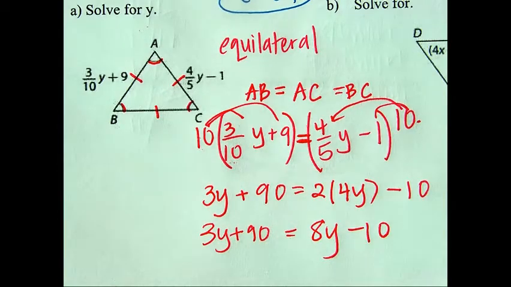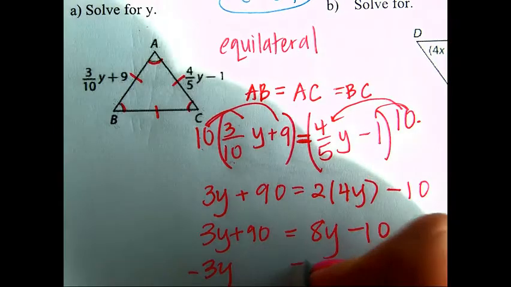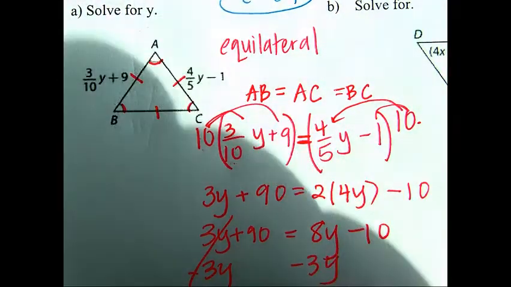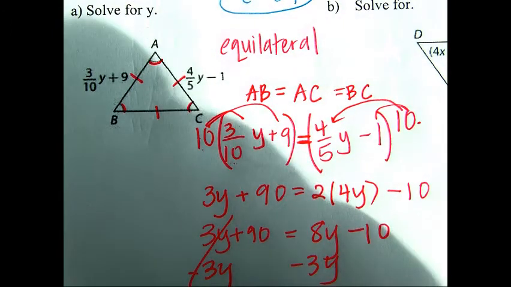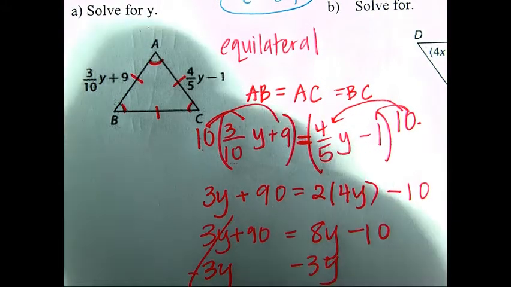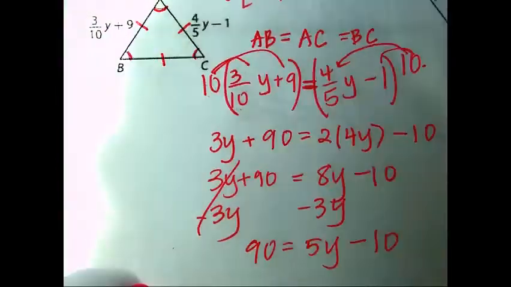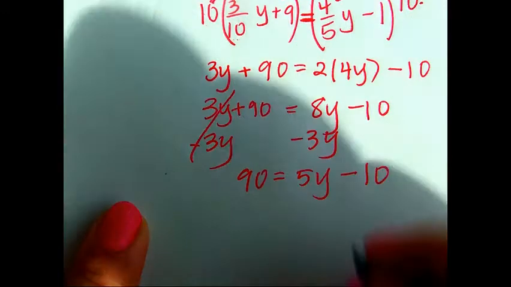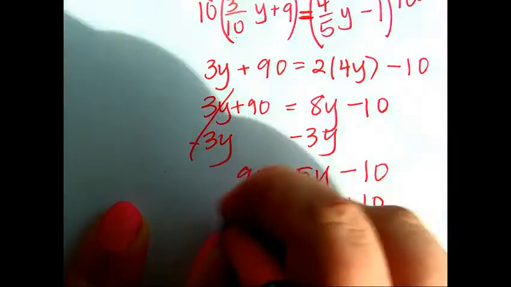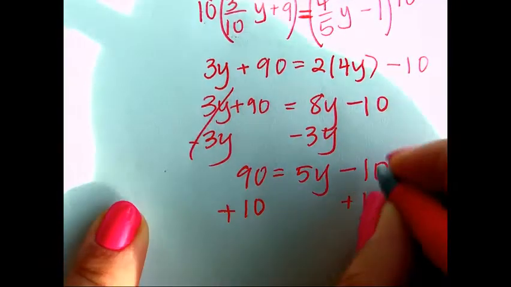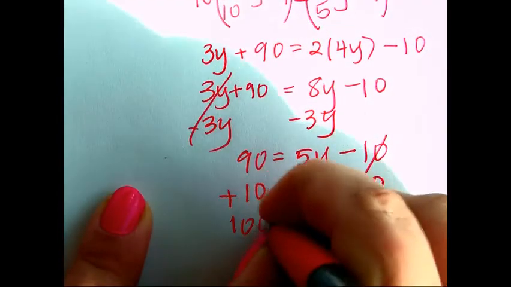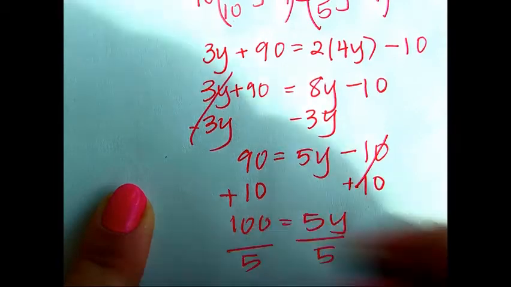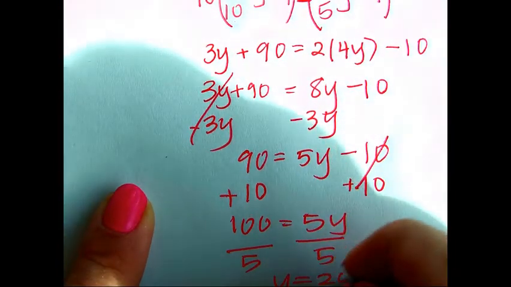So we're going to combine like terms, subtract 3y from both sides. We end up with 90 equals 8 minus 3 is 5y minus 10. Let's add 10 to both sides. To get the y by itself, we get 100 equals 5y. Divide by 5, y equals 20.